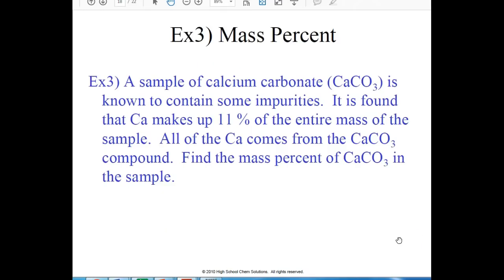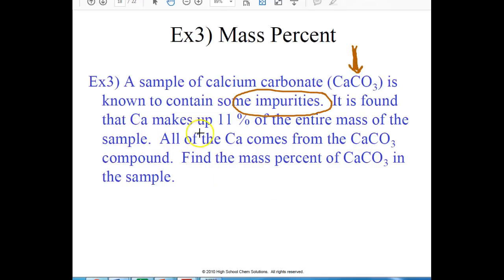All right, one more example is going to have us work backwards. So this is a little bit more algebra. A sample of calcium carbonate has some impurities in it. Whenever you see this word, impurities, that means that the mass that we would weigh on the scale would not be the mass of just this stuff, right? There's some gunk in there. There's some unknown.